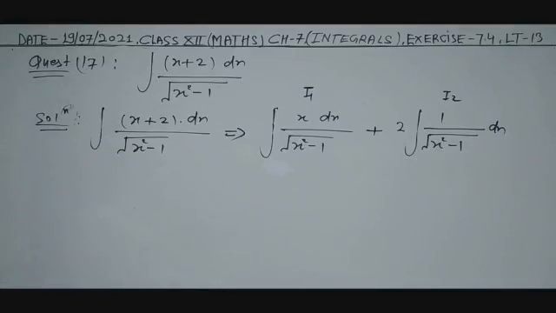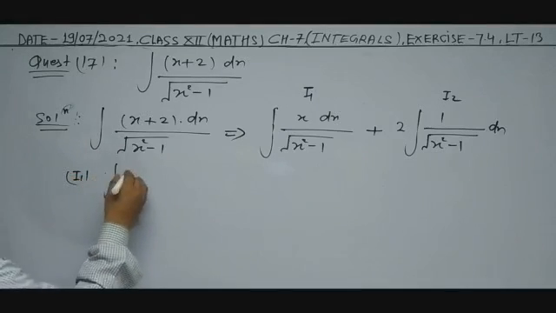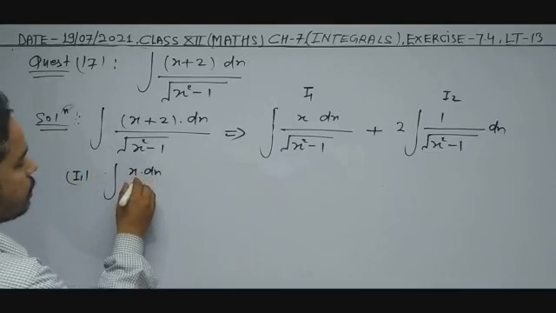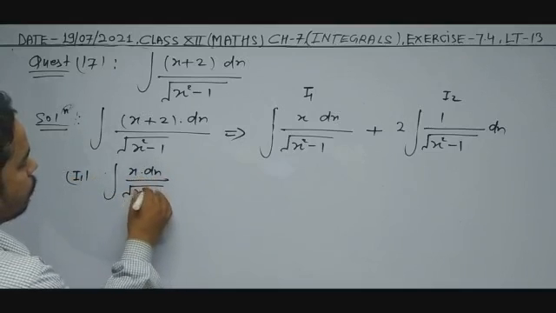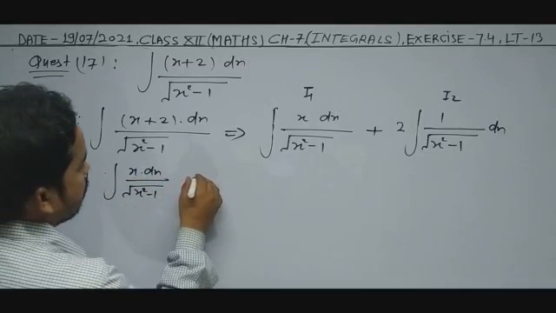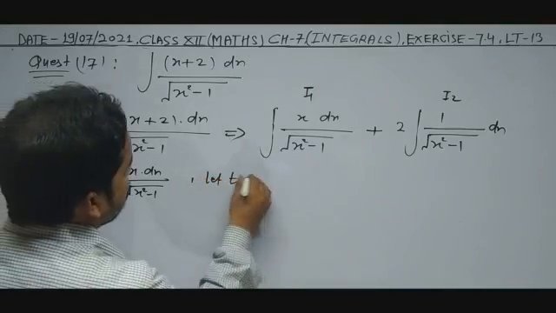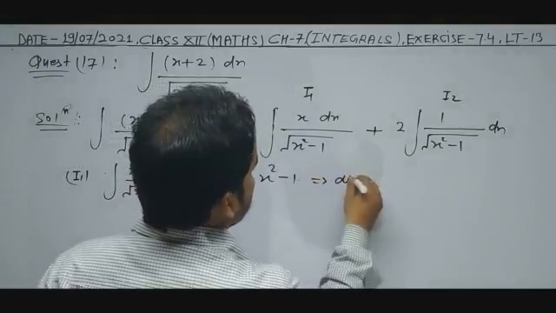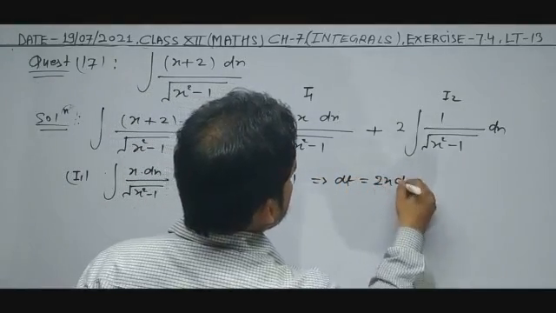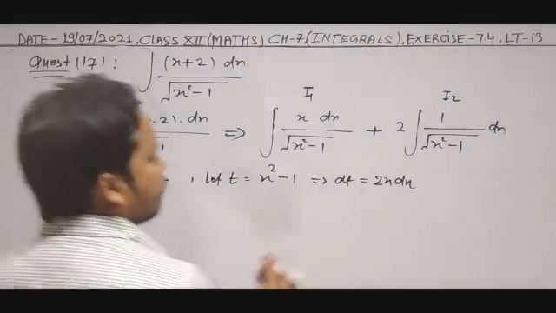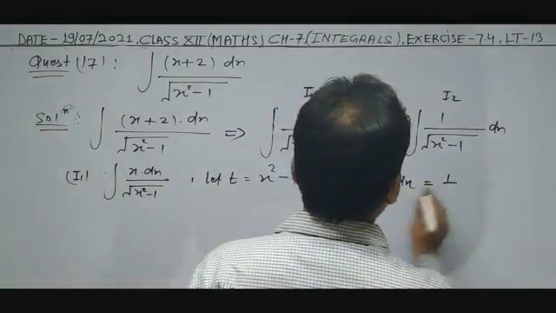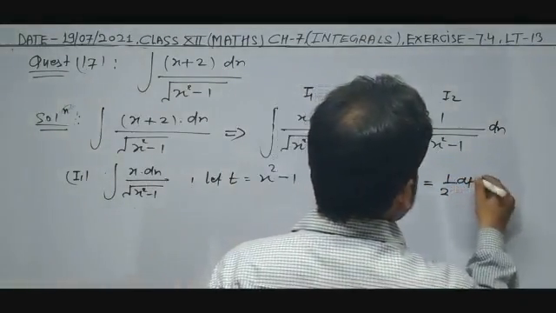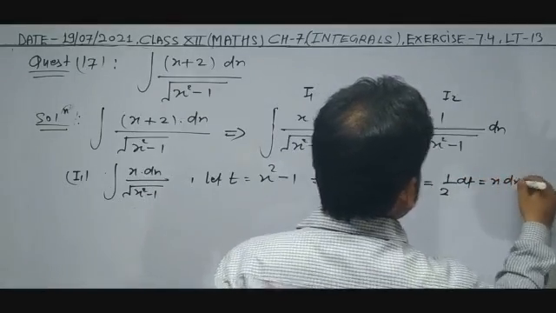So first of all we are going to integrate I1. For calculation of I1, integration of x dx whole upon root over x square minus 1, you will consider let t is equal to x square minus 1. Now dt will be equal to 2x dx. This implies 1 by 2 dt can be written as x times dx.